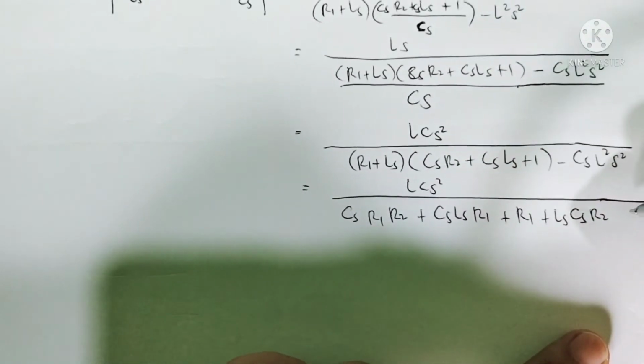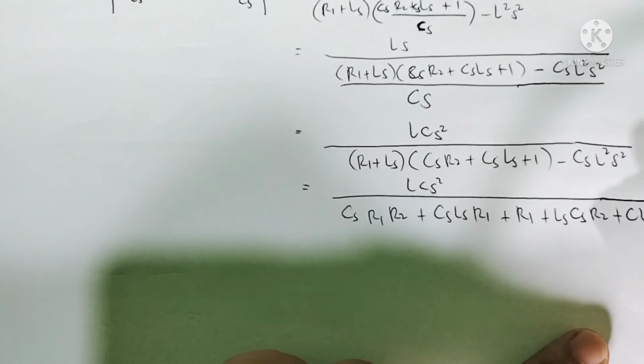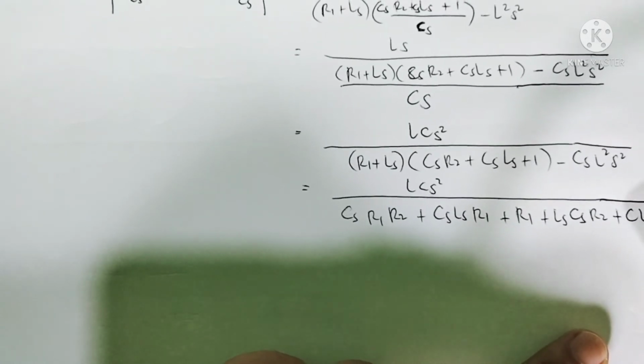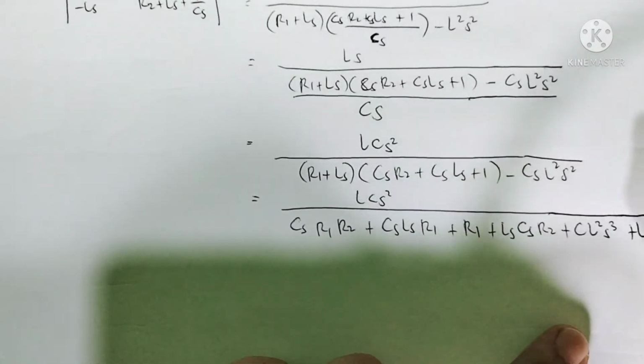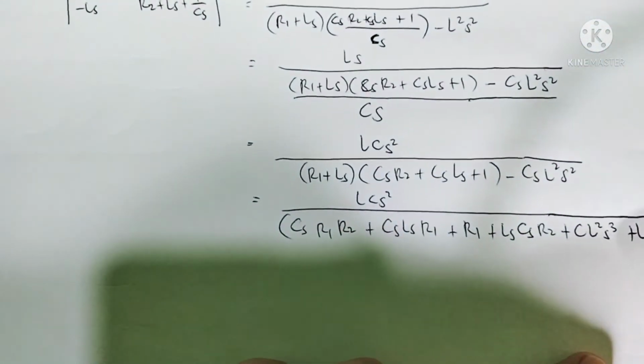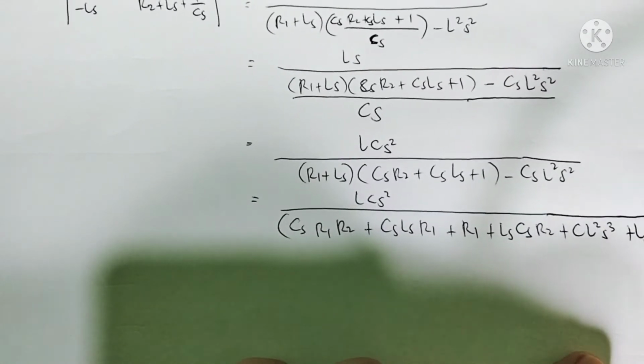Next, this is C L squared s cubed plus Ls, minus Cs L squared s squared.